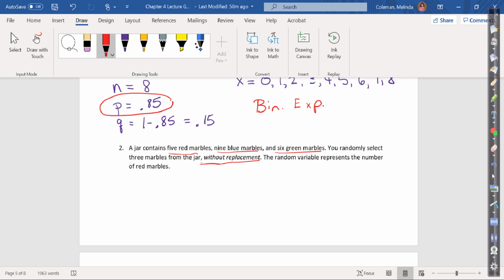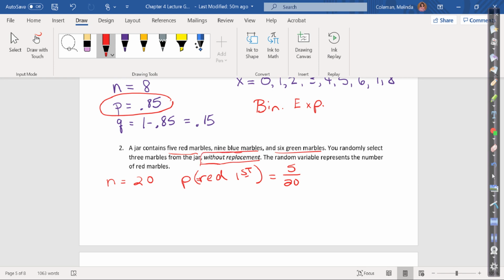Now you can see pretty quickly as we get in here, there are 20 marbles total, but not all of those are red. And when I start looking at the success, the probability that I get a red marble the first time is going to be 5 out of 20.